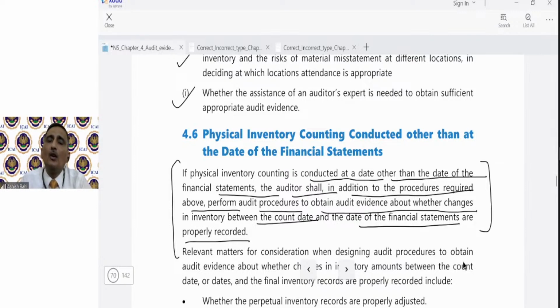So what he would do, he would take the inventory count on 10th April and go backwards and make adjustments to that. कि 1 से 10 के बीच में what were the sales, what were the purchases, and accordingly he would make those adjustments and try to arrive at whether the quantity shown as on 31st March is proper or not.